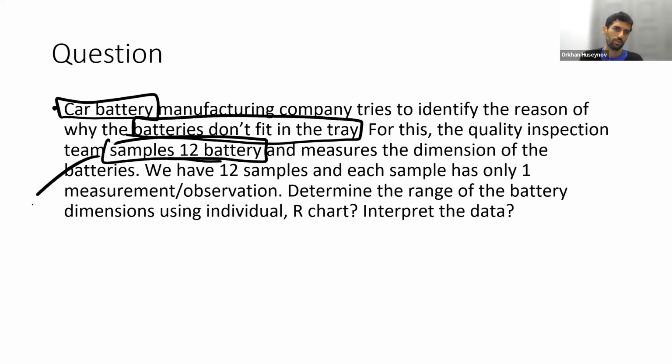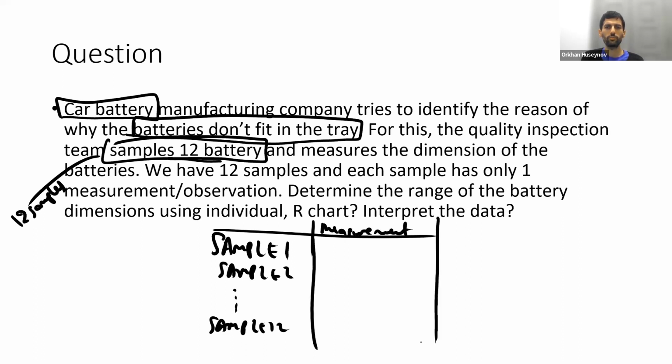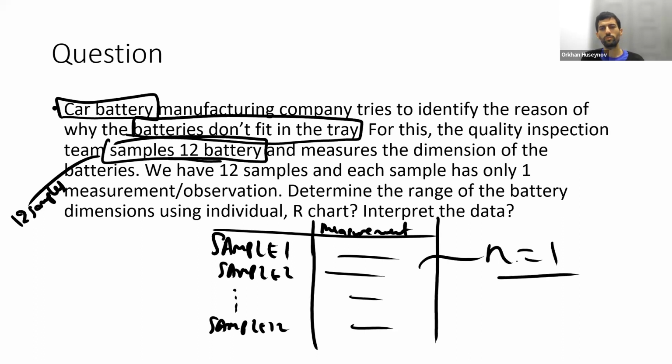In each sample, we have one battery: sample 1, sample 2, up to sample 12. In each sample, there is only one measurement. So n is 1, which means you cannot use the X bar and R chart.